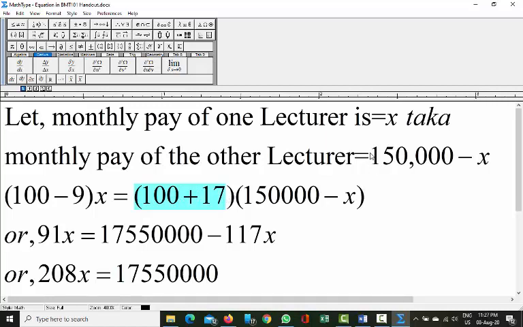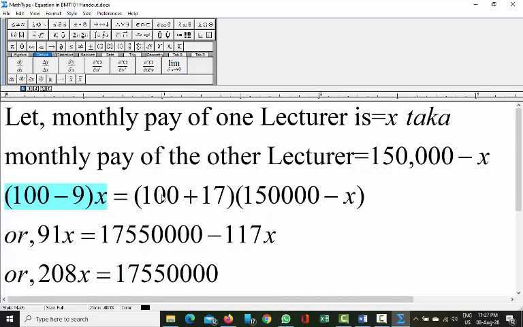So if the second lecturer's salary is increased by 17%, that means 100 plus 17. This will be the second lecturer's salary, and this will be the reduced salary of the first lecturer, and both of their salaries will be equal. So this one will be equal to this one. So 100 minus 9, that is 91x.